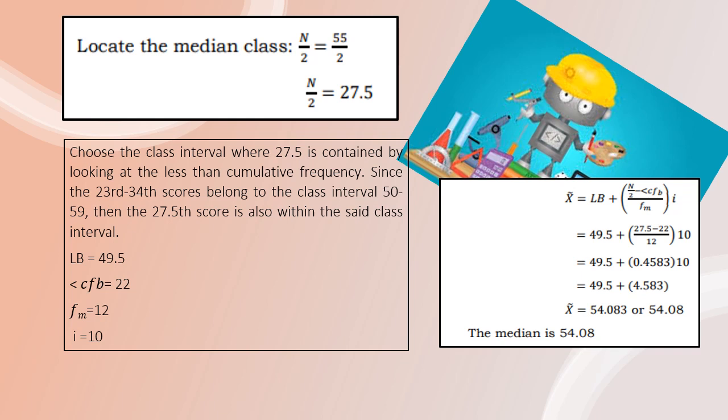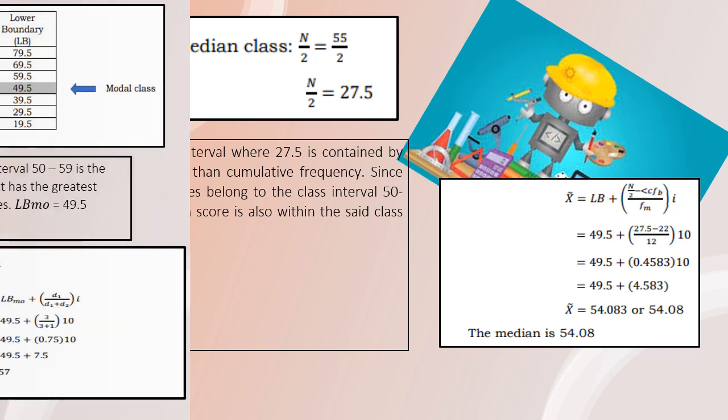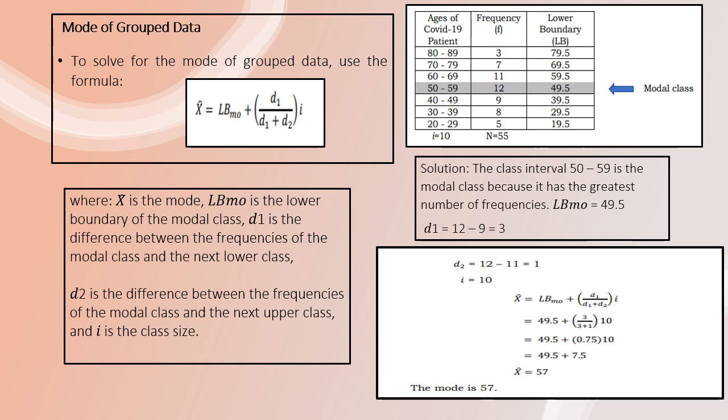So LB is 49.5, CFB is 22, FM is 12, and i is 10. Simply substitute the values into the formula, and we come up with a median of 54.08. So the median is 54.08.